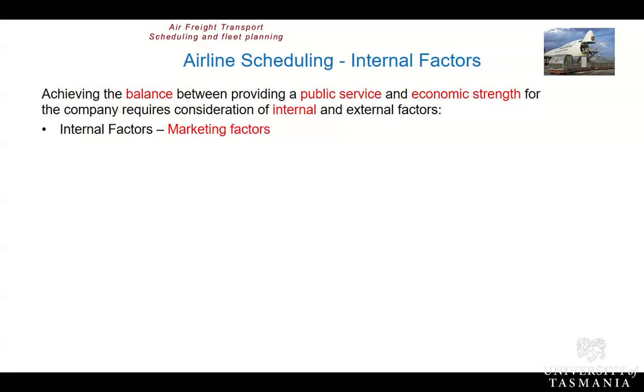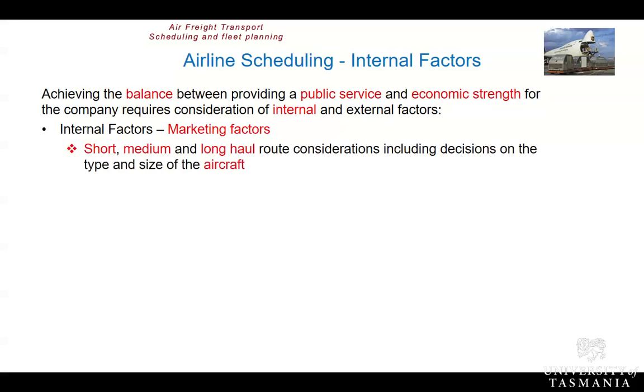Now, the final internal factor, and as I said at the start, marketing and air scheduling really go hand in glove. They work very closely. In most cases, you would expect the marketing department to identify the key locations where that particular aircraft is going to travel to meet the requirements of their marketing schedule. So with that in mind, the air scheduling has got to match up with that.